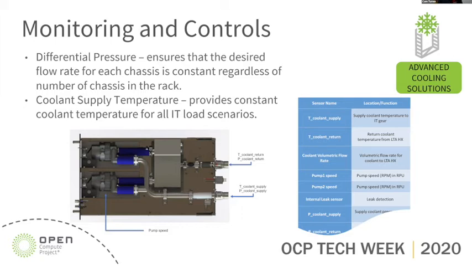The RPU also controls the remote HEX and gathers and reports the appropriate telemetry from them. So this includes multiple inlet and outlet temperatures, differential pressure across the coil, fan speeds and tach for each fan that is in the system.